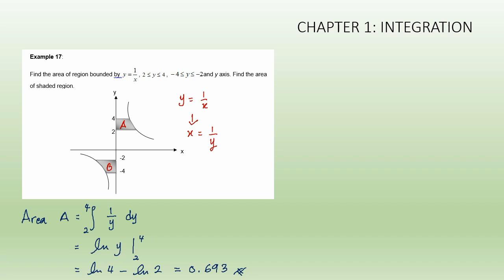Now let's calculate the area of region B. Since the region is on the left of the y-axis, we have to put a modulus on the integration, or we just put a negative in front of the integration from -4 to -2 of the function in terms of y, 1/y with respect to dy.